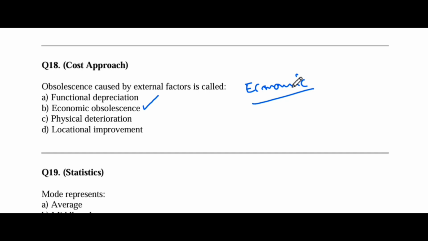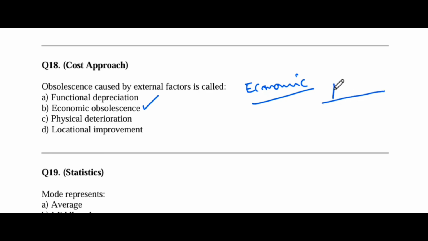This type of obsolescence is almost always incurable because the owner cannot fix the external problem.